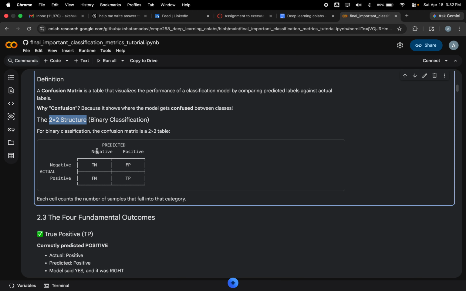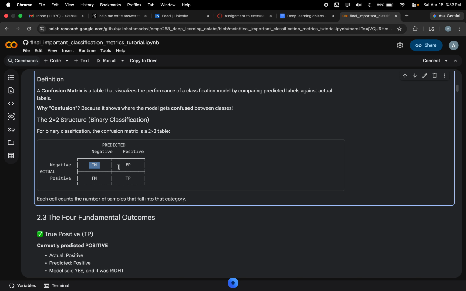One side has actual values, the other side has predicted values: actual negative, actual positive, predicted negative, predicted positive. Whenever it's an actual negative and we have predicted negative, it is a true negative, and likewise a true positive. Whenever we have predicted it correctly, we call it true.